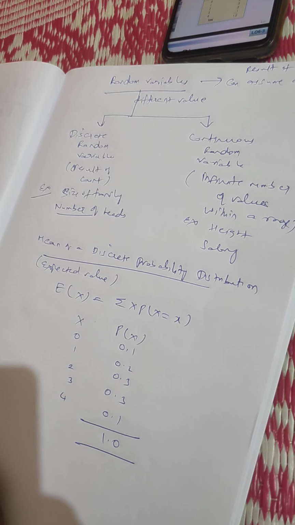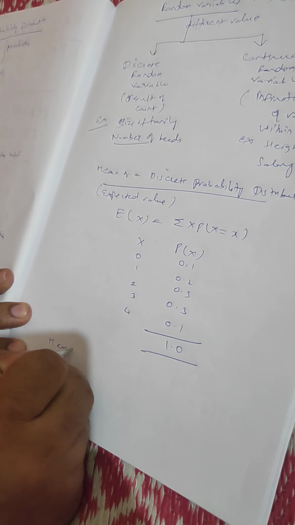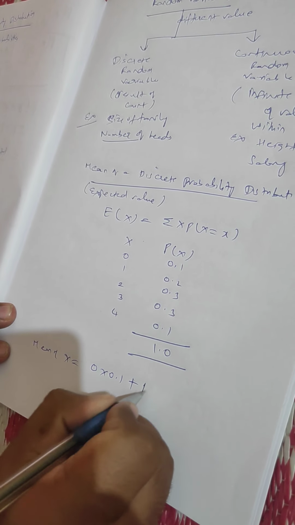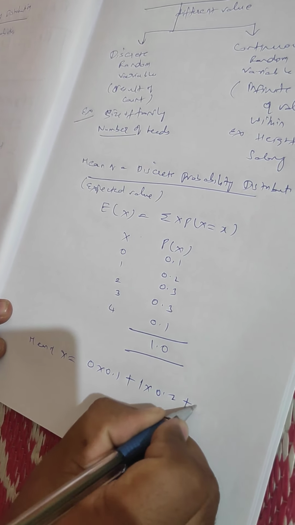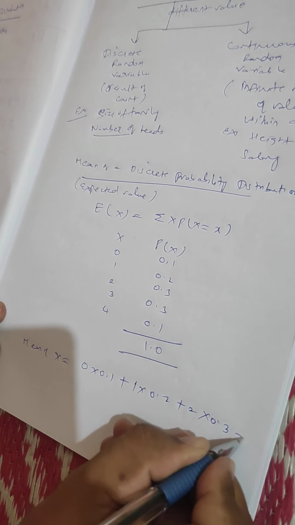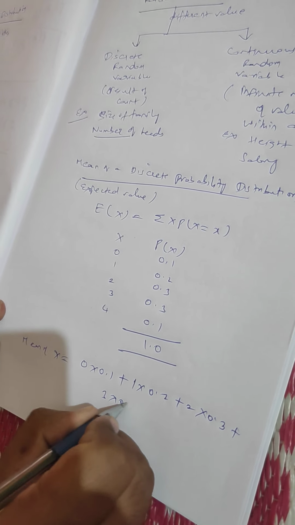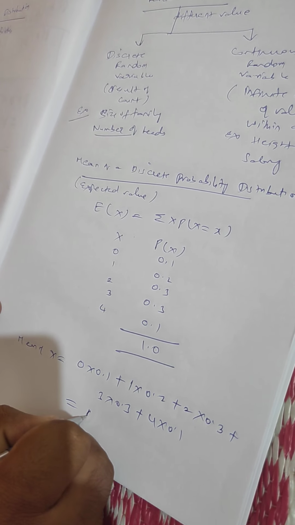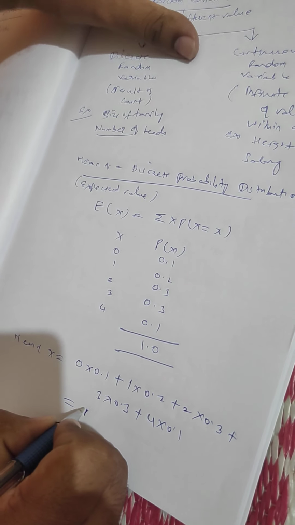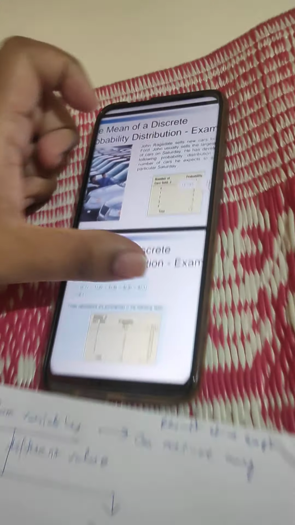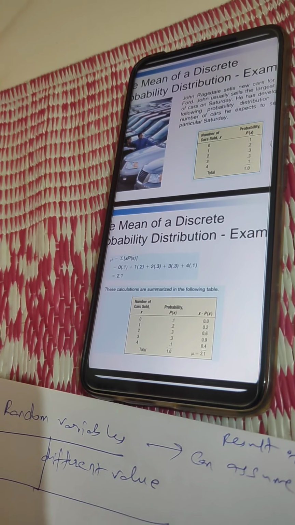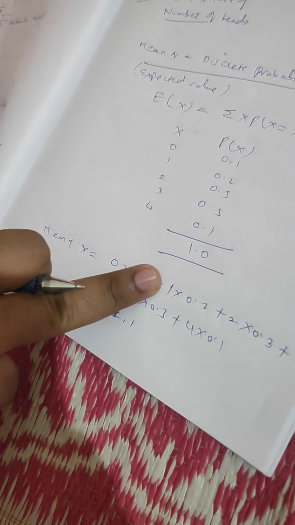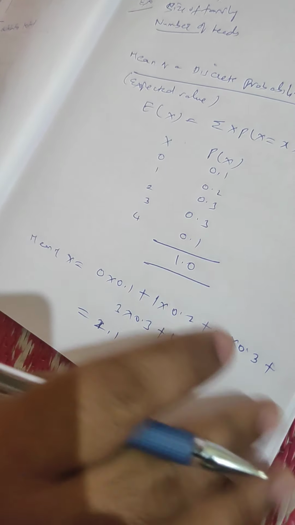So to get the mean of x, we do 0 into 0.1 plus 1 into 0.2 plus 2 into 0.3 plus 3 into 0.3 plus 4 into 0.1. The total value is the mean value, which is 2.1. So multiply x along with the probabilities, and you will get the mean of x.